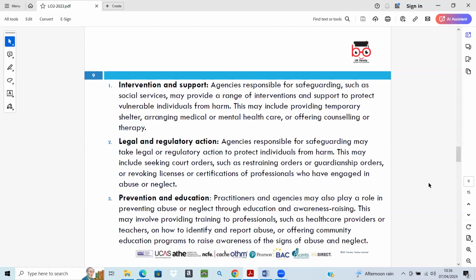Then in the side 9, we have intervention and support, legal and regulatory action, and prevention and education. So now, for example, agencies responsible for safeguarding, such as local authorities, play a crucial role in providing intervention and support to protect vulnerable individuals from harm.